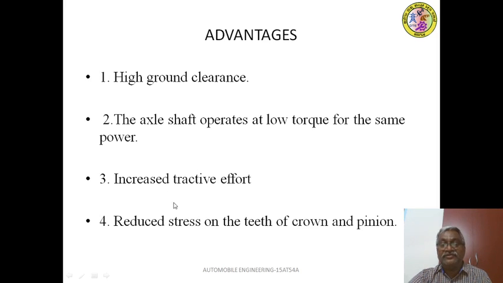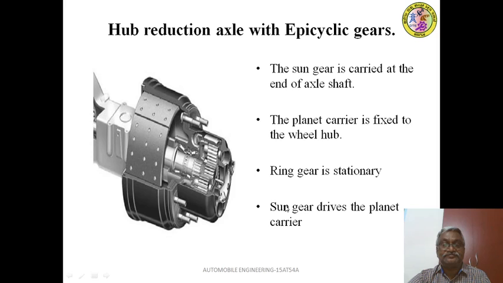For this only we are providing different types of gear reductions. And another one is reduced stress on teeth of crown and pinion, because secondary reduction is taking place after the crown and pinion. That's why crown and pinion are operating at lower torque and they are subjected to reduced stress.